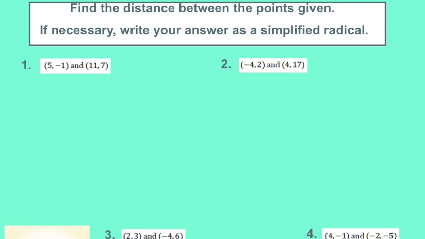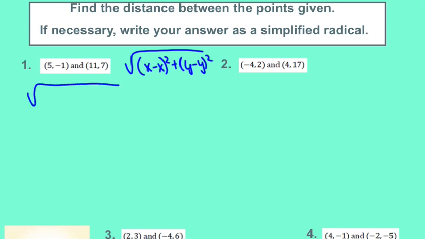So now, it might not be a bad idea to write this here. You can choose which point is x1, y1 and which is x2, y2, as long as you're consistent. So for number 1, if I take 11 minus 5, that's x2, y2.